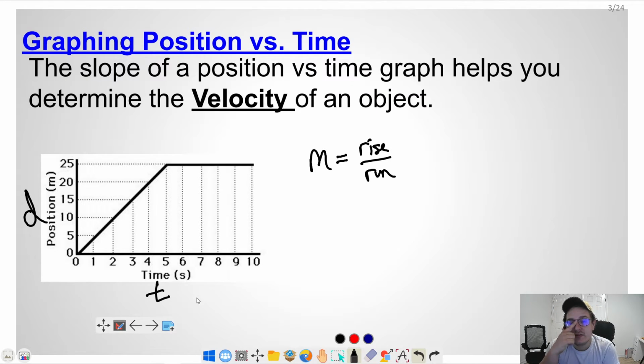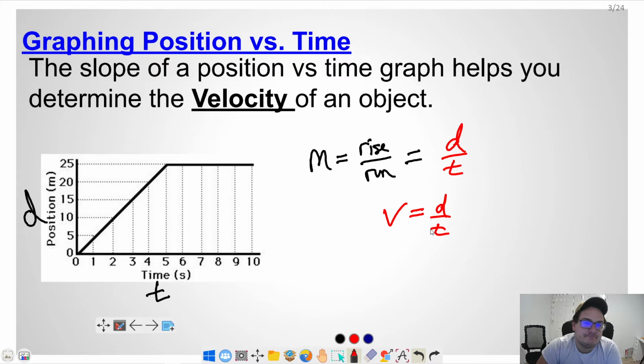The variable on our y-axis, the rise, is displacement. What about the run, our x-axis? That is time. What we learned last week was that velocity is displacement over time. So the slope of a position versus time graph tells us velocity.